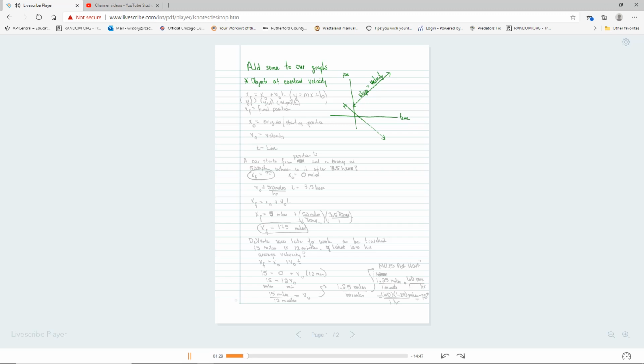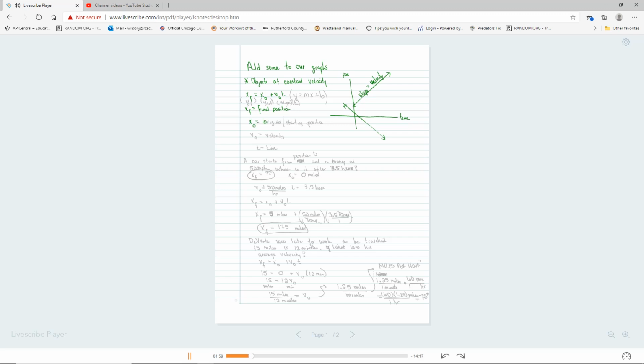And so we're going to have an equation that looks like this. I'm going to label all these things for you. Remember that the subscripts are adjectives, so we're measuring position, but we want to know final position.